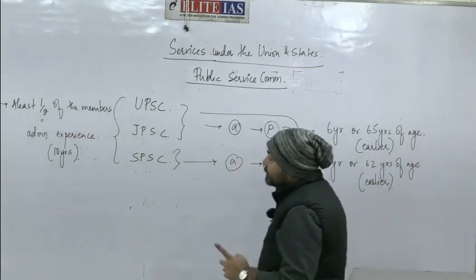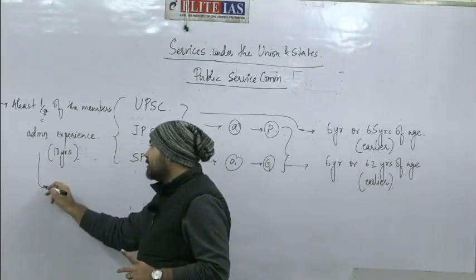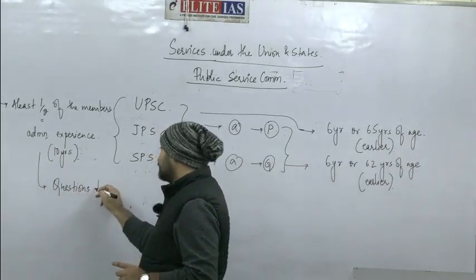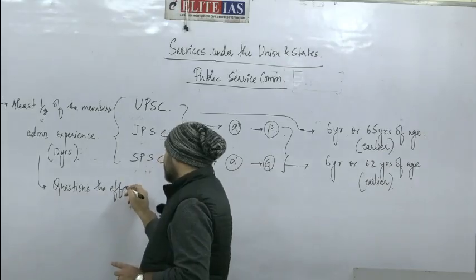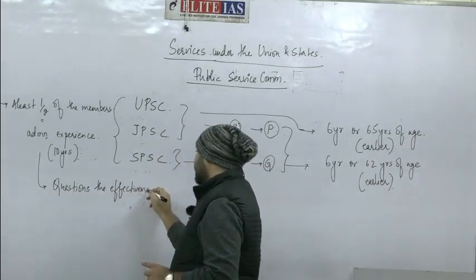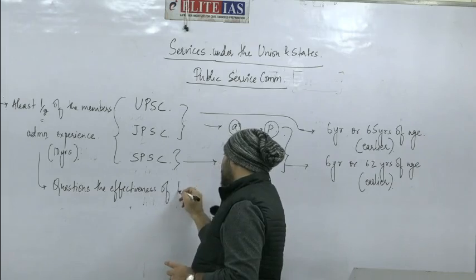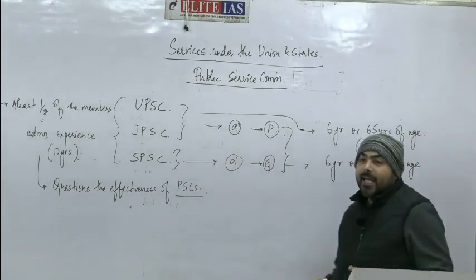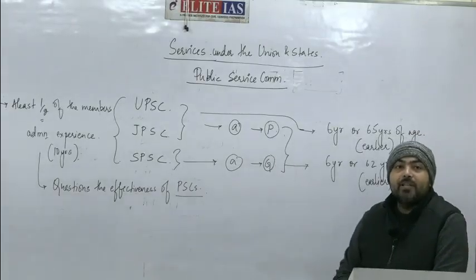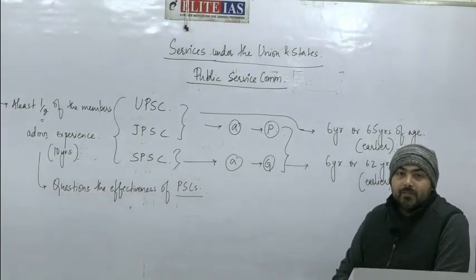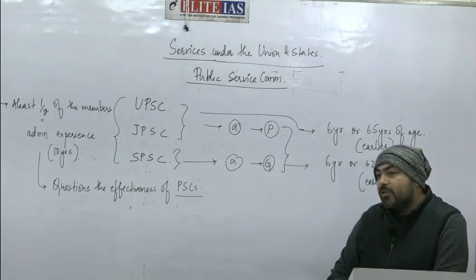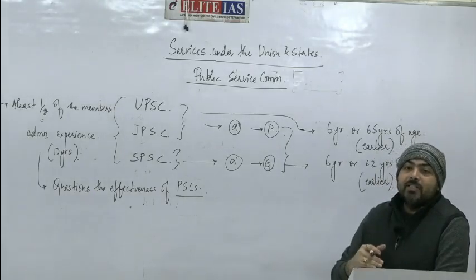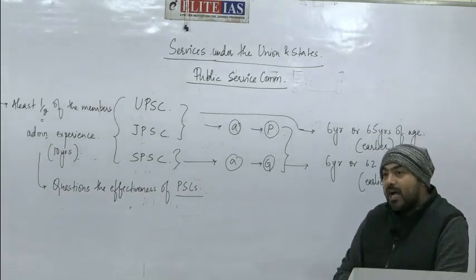This provision questions the effectiveness of public service commissions, because it only prescribes this qualification for 50% of the members. However, the Constitution does not detail what qualifications the other 50% are going to have.